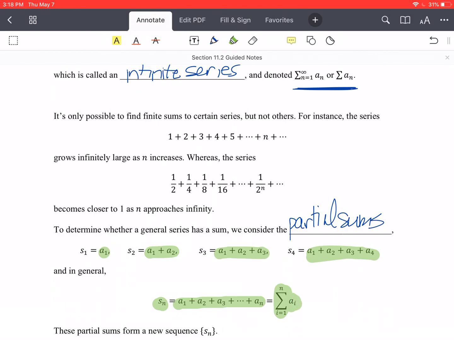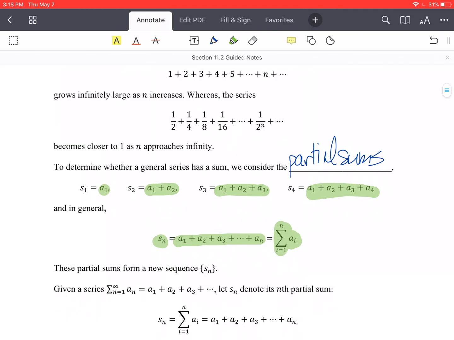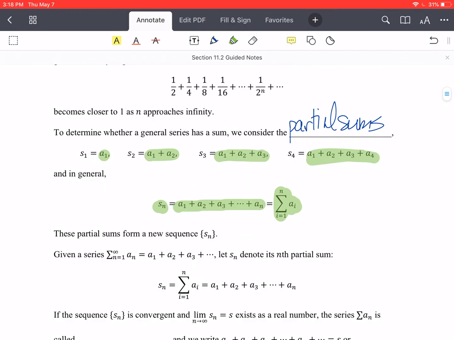Okay, so there is a difference between the series and the partial sums. The partial sums are just a portion of the series, because the series is infinite, so it goes on forever. So these partial sums form a new sequence, and that is S sub n.